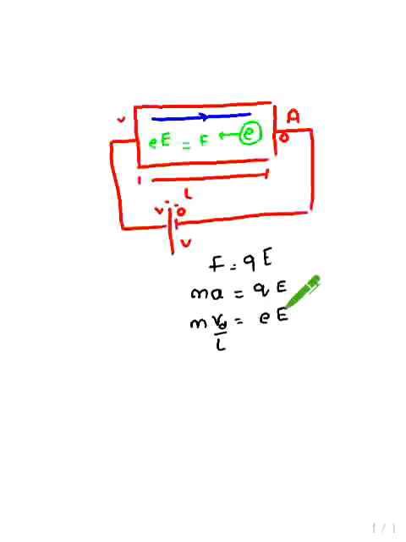And the electric field for this conductor is given by V upon L. Substitute V upon L here.